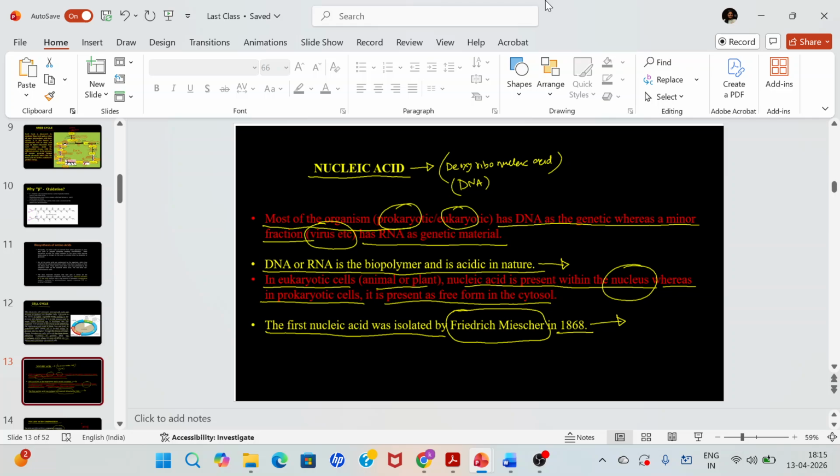Okay. So DNA or RNA is the biopolymer and is acidic in nature. Biopolymer means a biological polymer, which is formed in the living beings.